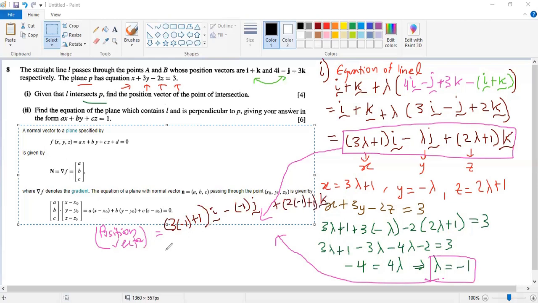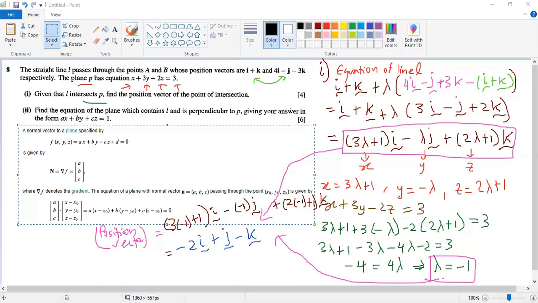Sorry about the overlap there. It's just a simple simplification at this point. So this becomes minus 2i plus j minus k. Minus 2i plus j minus k would be the answer to the first part. Yeah?